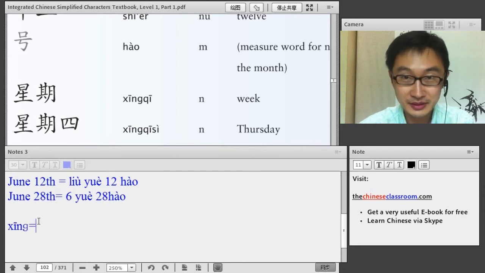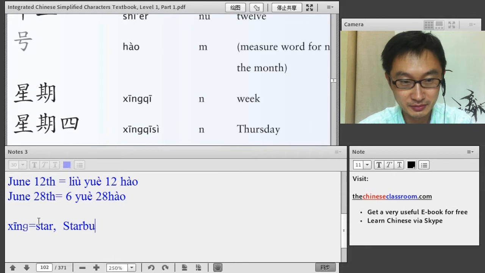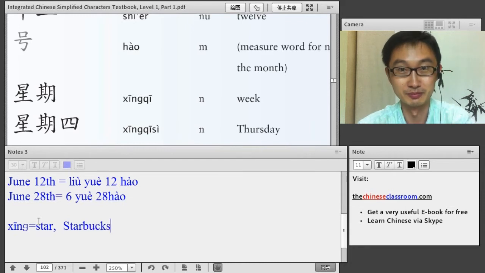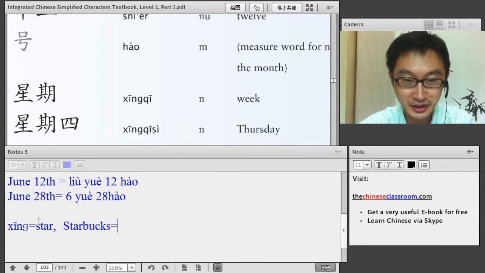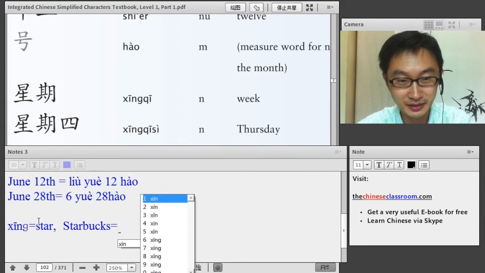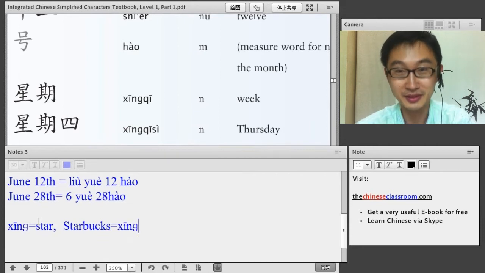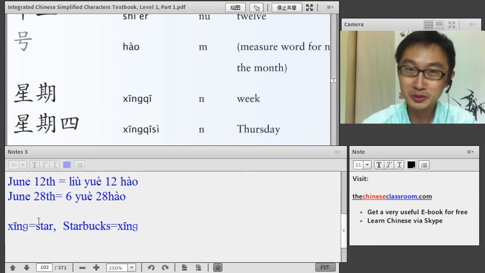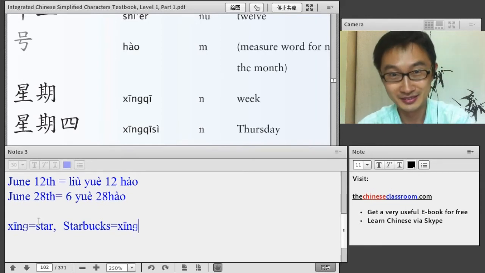星 means star. Okay, I'll give you an example. Starbucks. Of course, you know, you have a coffee there, Starbucks. In Chinese, we will say 星, because star is 星. But how do we say box?